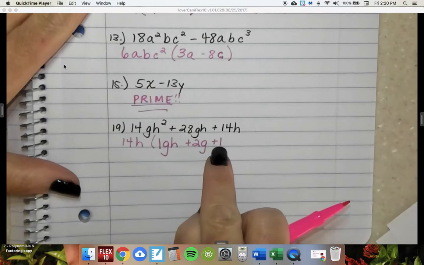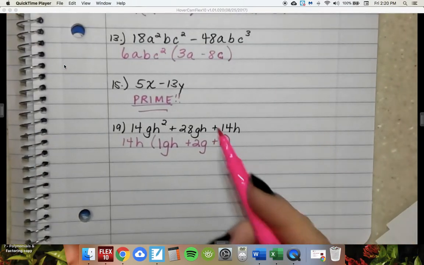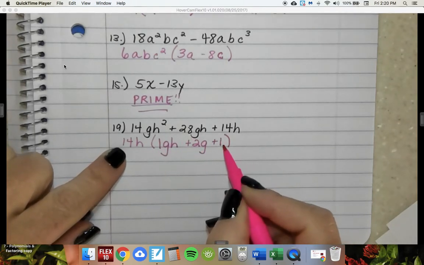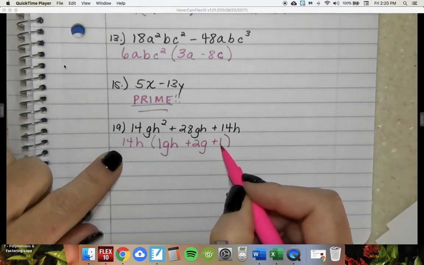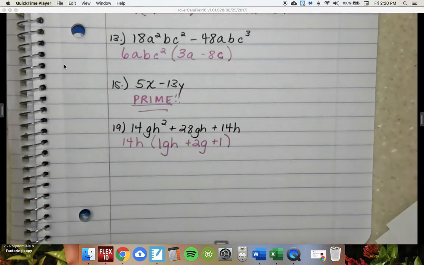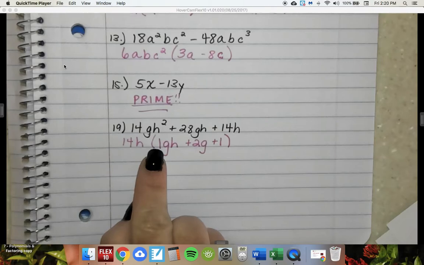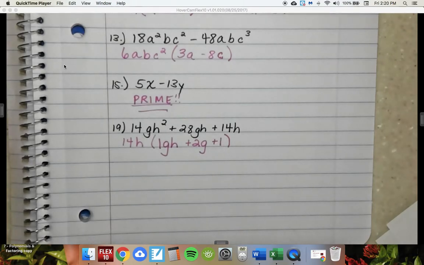And you need that 1 there almost as a placeholder, so that if you were to try to redistribute this or to multiply, you would remember that there is that 1 out there, so that 14H times 1 would become 14H. That's one of the reasons I'm a fan of showing that 1 when you do your division. I know technically you don't need to show an invisible 1, but sometimes it ends up really not being invisible, okay? What do you think?